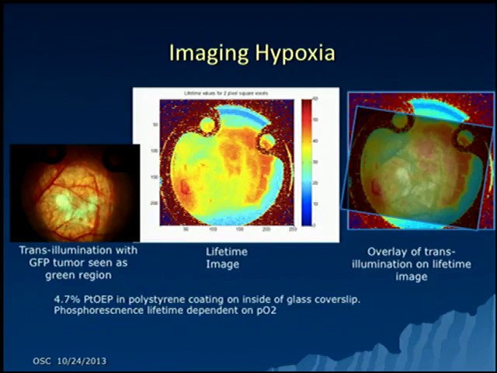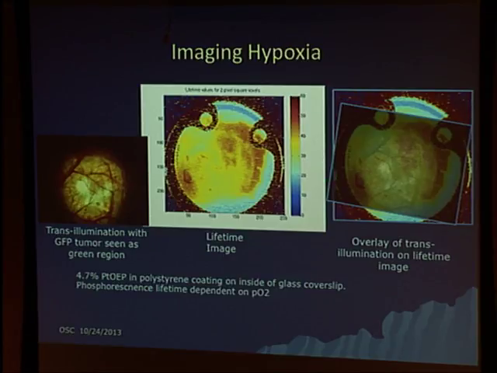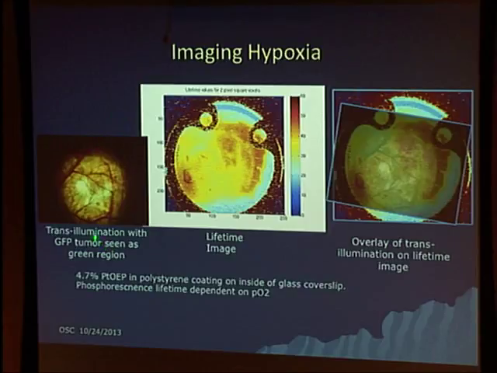One more example. Here's an example of imaging, again, related to this whole story about hypoxia and pH and acidity, trying to directly image hypoxia, meaning where are the tumors getting insufficient oxygen. So this is the work of Rachel Schaefer, who's been trying to develop a way of imaging hypoxia, and she's come up with a very clever way of coating a material, platinum porphyrin, in polystyrene on the surface of the cover slip.